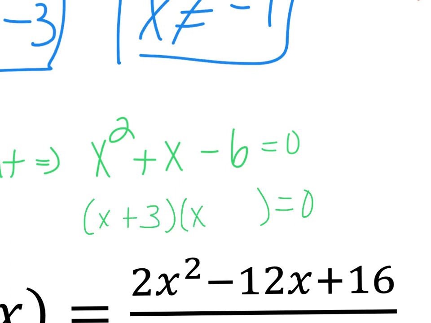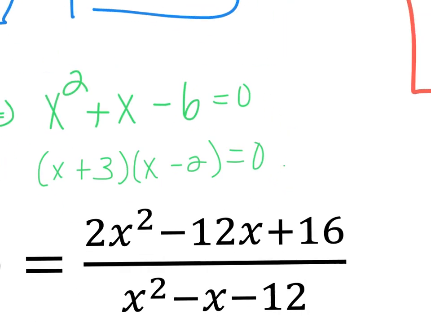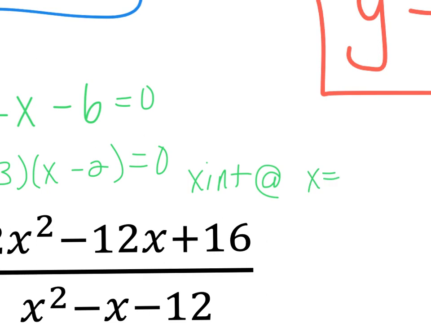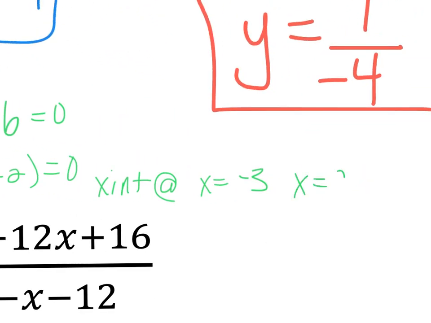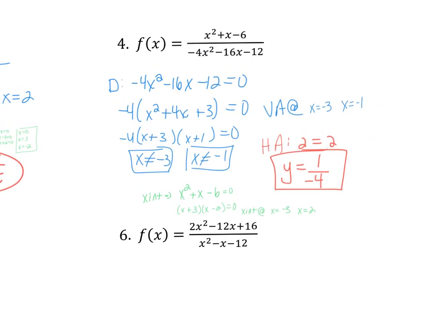Positive 3 and negative 2. So my x-intercepts are at x equals negative 3 and x equals 2. We okay? Yes.